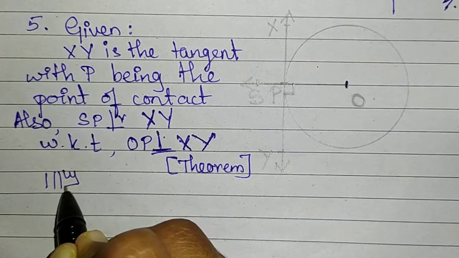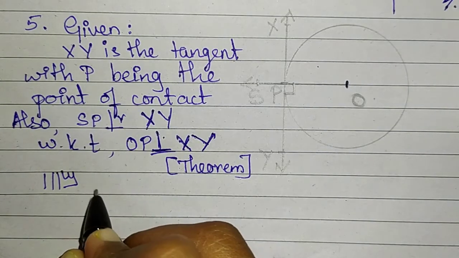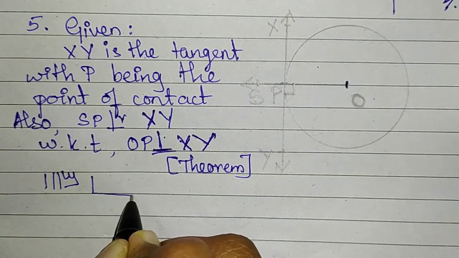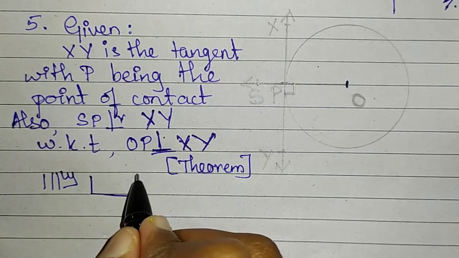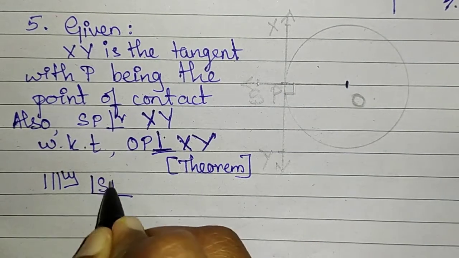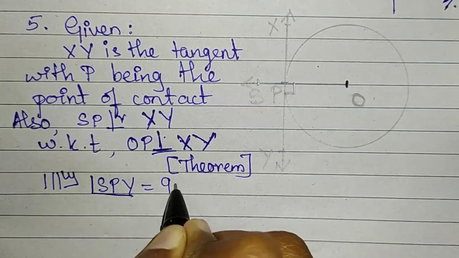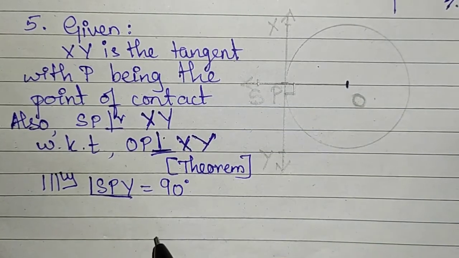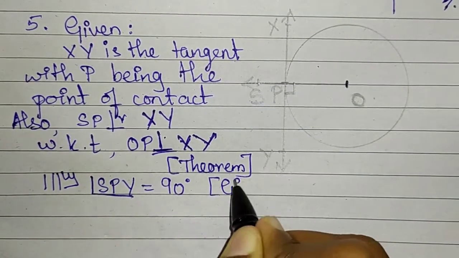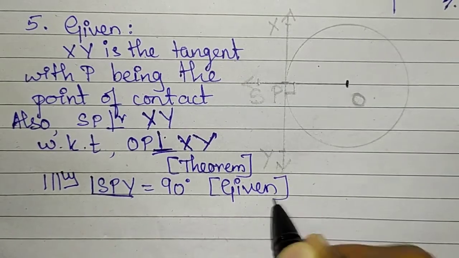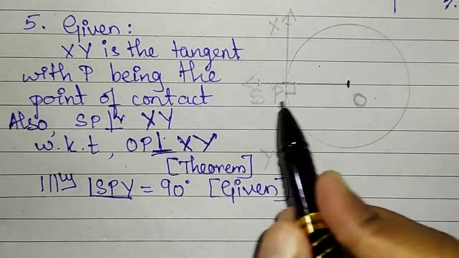Similarly, angle SPY is equal to 90 degrees, because this is given. They have told us that it is perpendicular to the tangent.